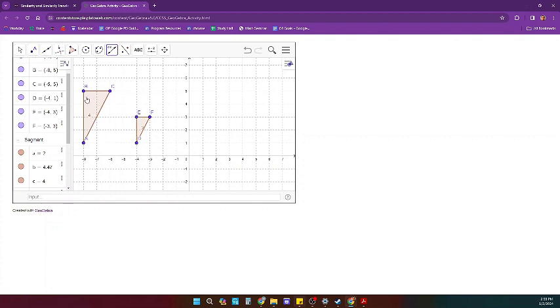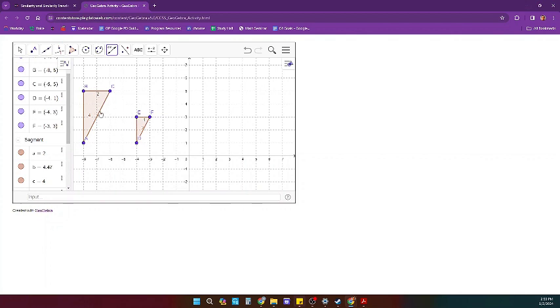So the two sides, just comparing them, it looks like the smaller side, ED, is half the length of the longer side of the larger triangle, AB. So right now I'm just comparing two sides, but now I need to check and see if that holds true for the rest of the sides. So does BC have twice the length as EF? Yes, it does. 1 is half of 2, so the proportion holds right now.